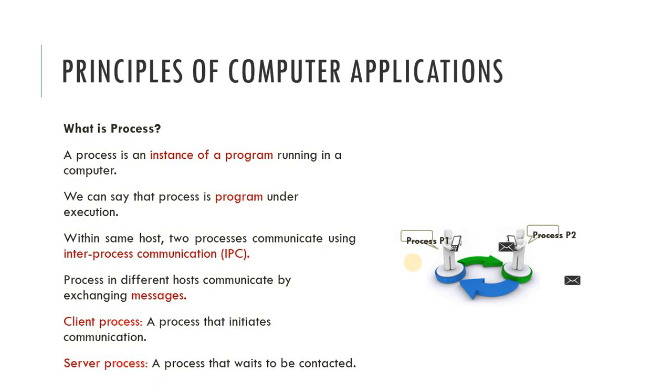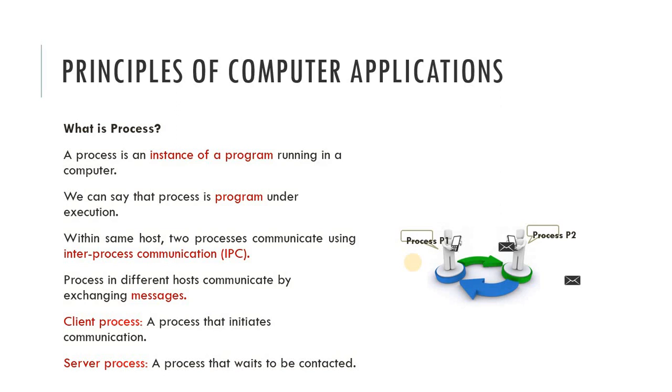If we are requesting content, then that becomes the client process. The one that initiates the communication is the client process, and on the other side, the one waiting to be contacted is the server process. So that is all about processes.